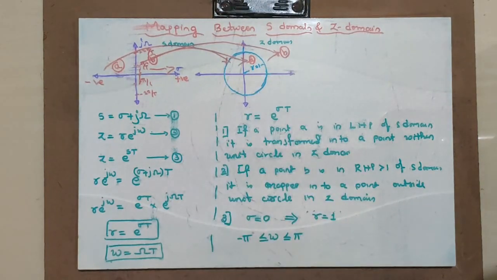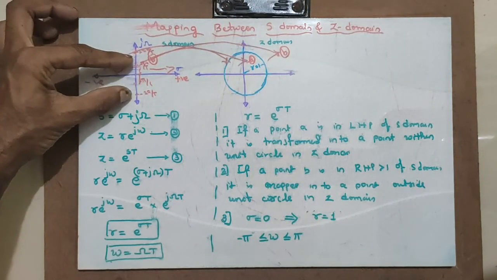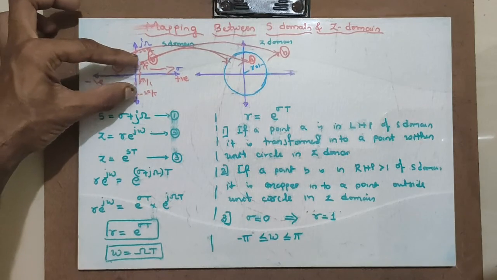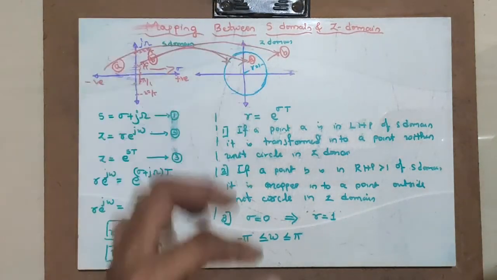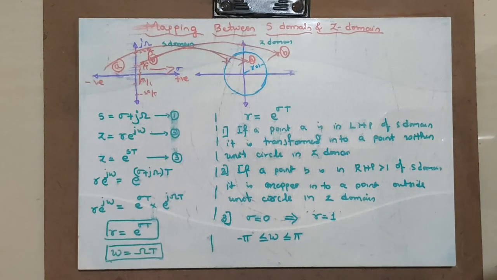That means it transforms into a strip of pi to minus pi. That means a 2 pi strip is transformed into the circle. The next 2 pi strip is transformed into the circle. We call this the aliasing effect. Hence, there is no linear transformation of frequency in case of impulse invariant transformation. That's what is happening.